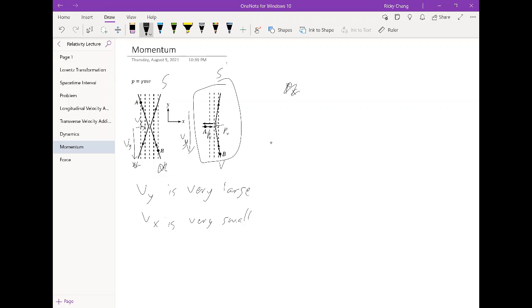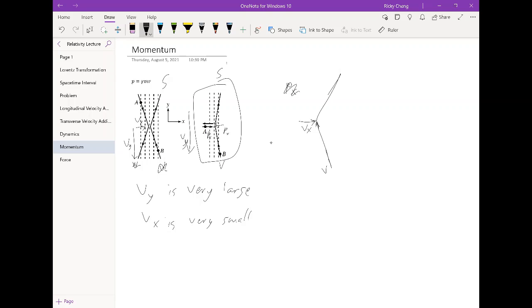Now, if we look at their velocities in the x direction, the x components of their velocities are no longer equal. Let's say the velocity of A in the x direction is still vx, and vx is very small.